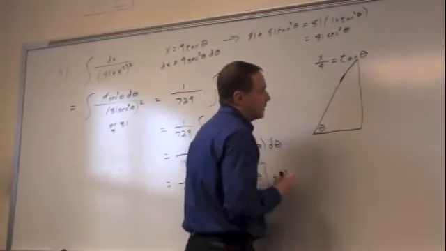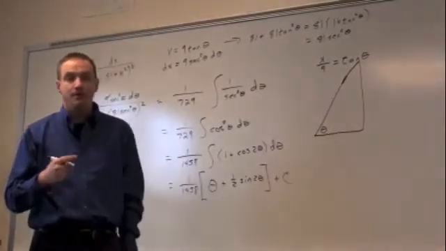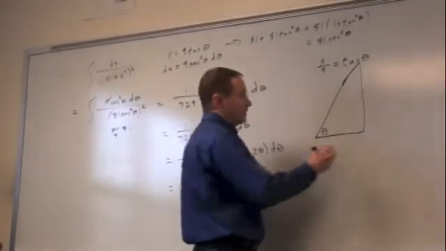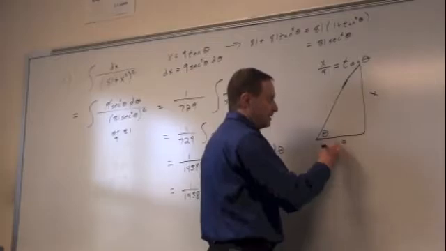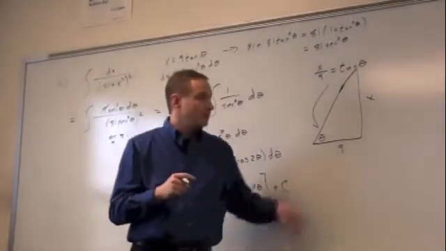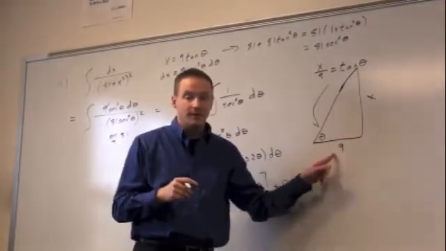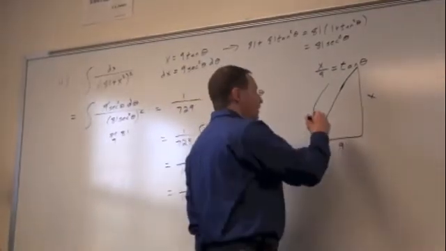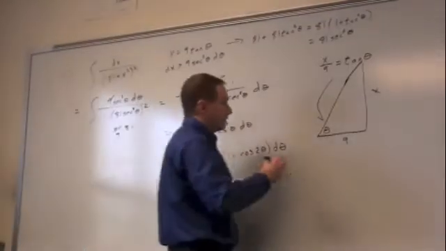Here's theta. Tangent of theta is opposite over adjacent. Opposite here is x. Adjacent is 9. Thus, the hypotenuse is just going to be the square root of this leg squared plus this leg squared, x squared plus 81. Or, just to keep this format, I'll say it's 81 plus x squared. It does not matter.